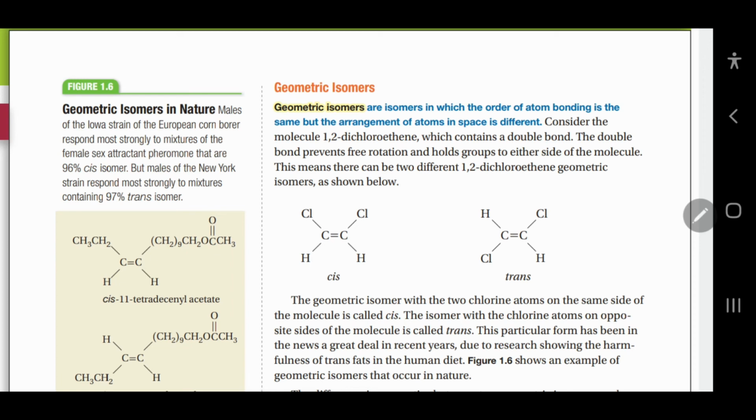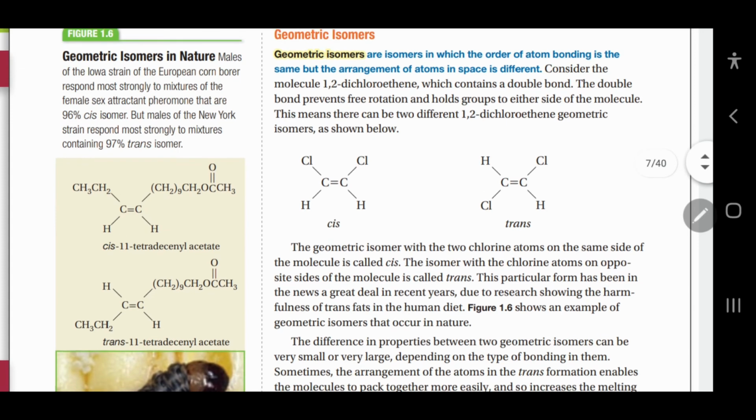If we are talking about 3 dimensions, you will see that the arrangement of the atoms is different in 3D. As you can see here, geometric isomers could be cis or trans.